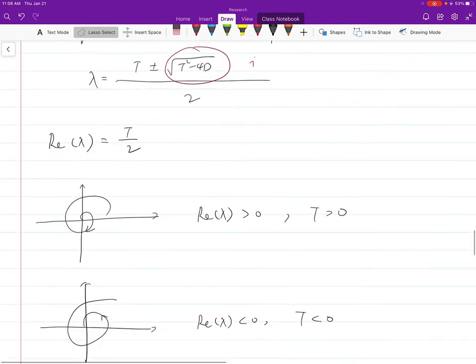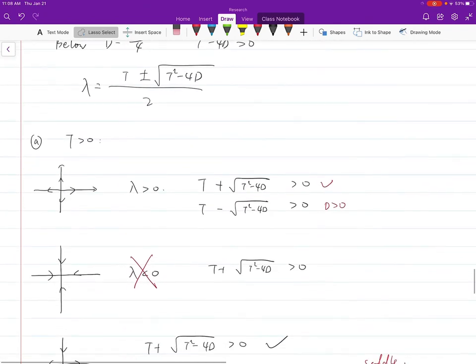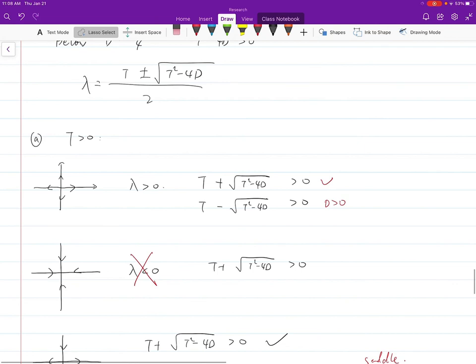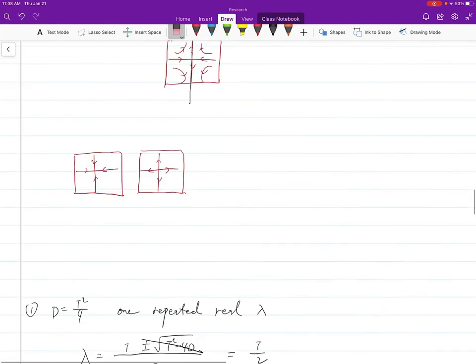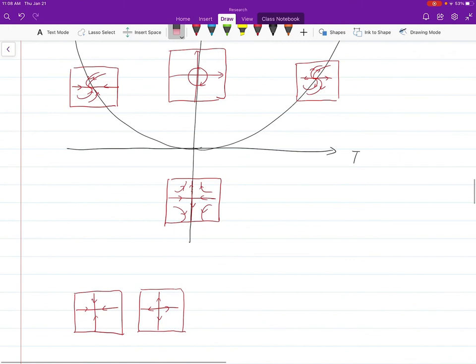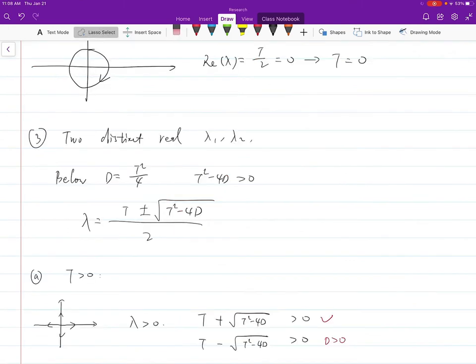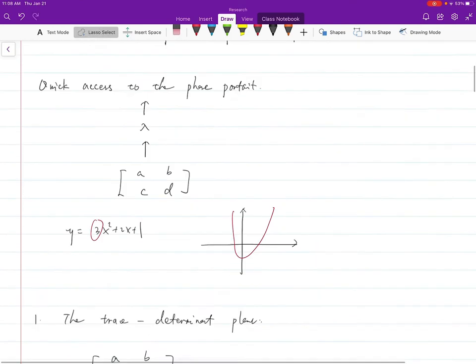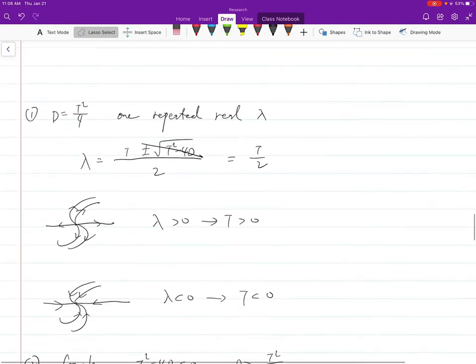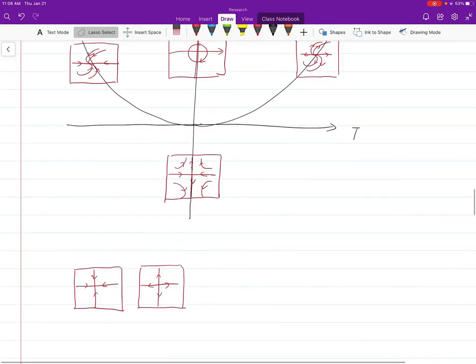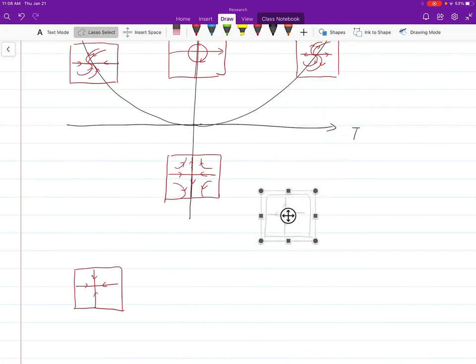All right. Now when d is bigger than 0, and the t is bigger than 0, that will give you a source. Which means t is bigger than 0, and the d is bigger than 0.